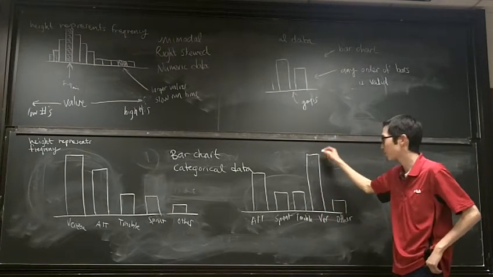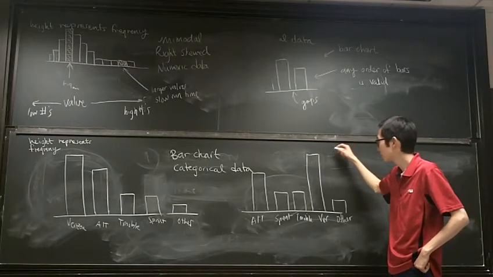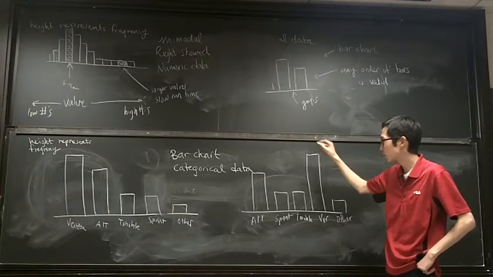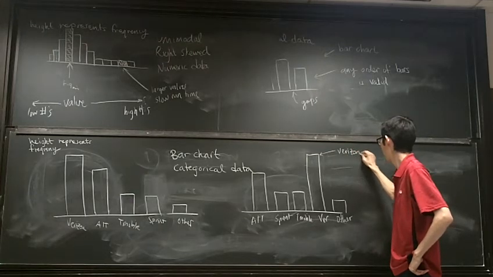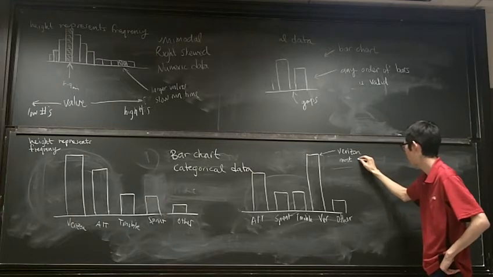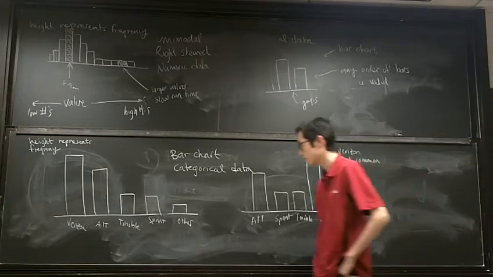And people who answered Verizon, that was the most common category, okay? So again, height represents frequency, so Verizon is most common, et cetera, et cetera.